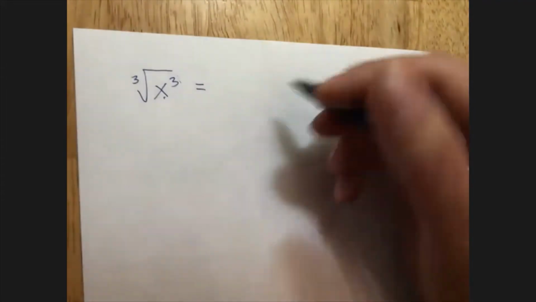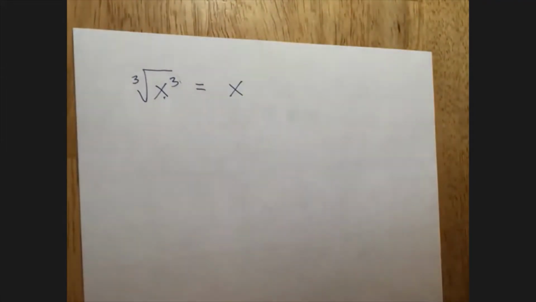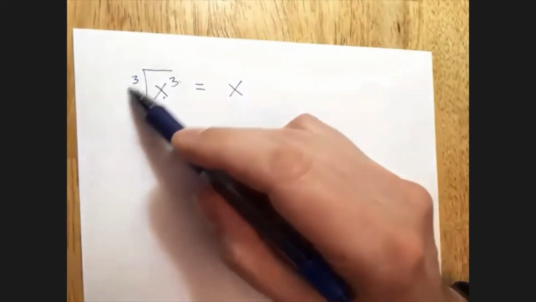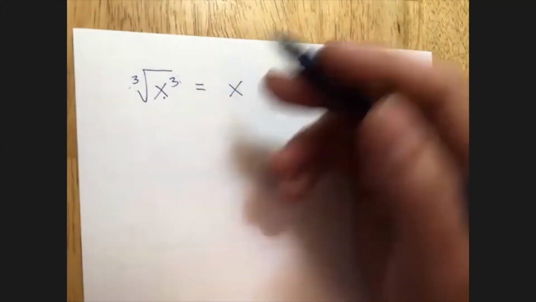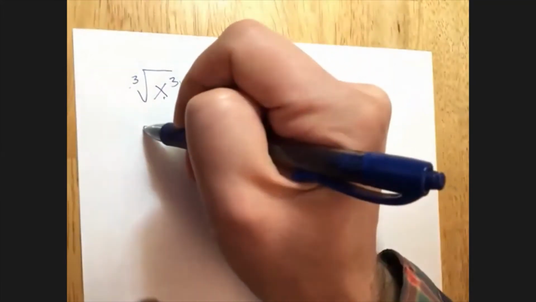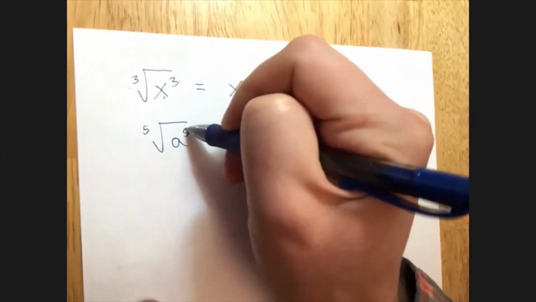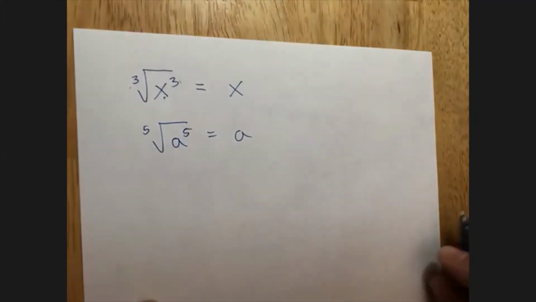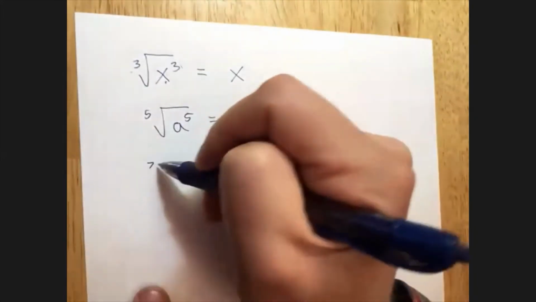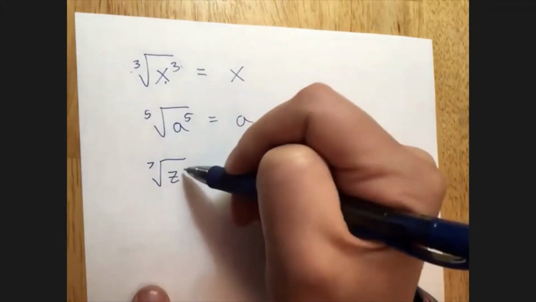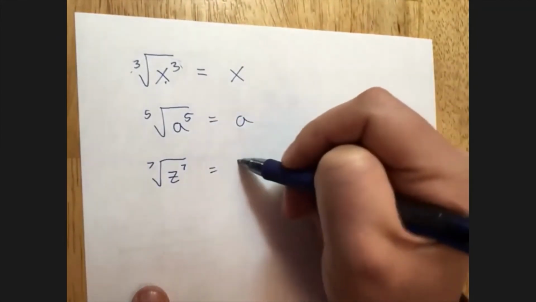Well, that's x, right? The cubed root of x cubed is x. And remember, like I said before, it's as if they just cancel off. So if I did the fifth root of a to the fifth, I would get a. Or if I do the seventh root of z to the 7, I would get z.